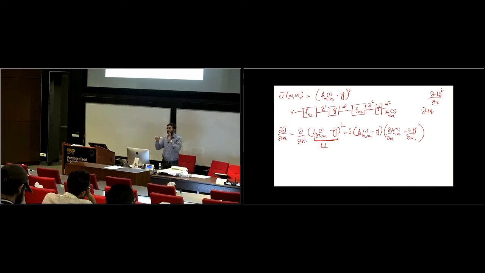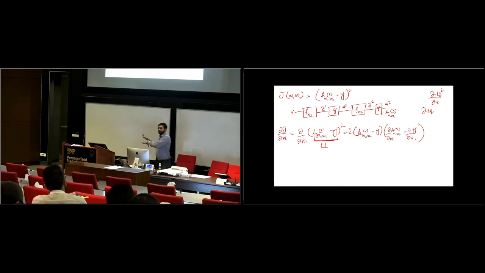This would become 2u, and then whatever is inside, whatever you have defined as u, has to be differentiated with respect to the variables that you are actually trying to find out.